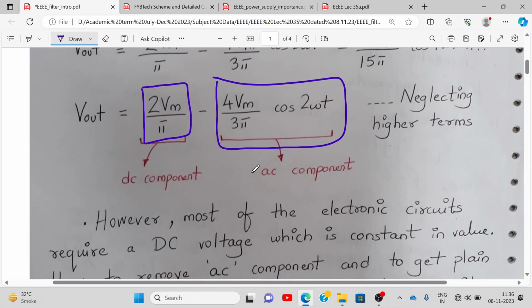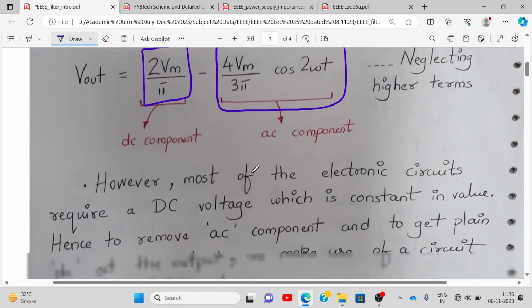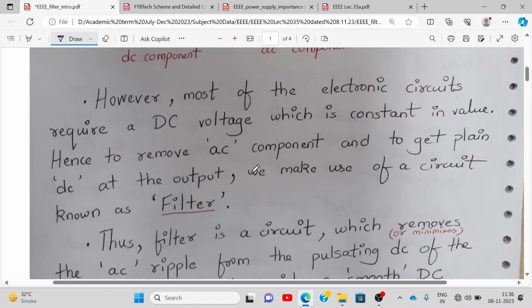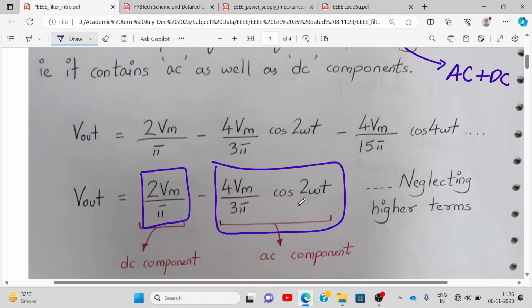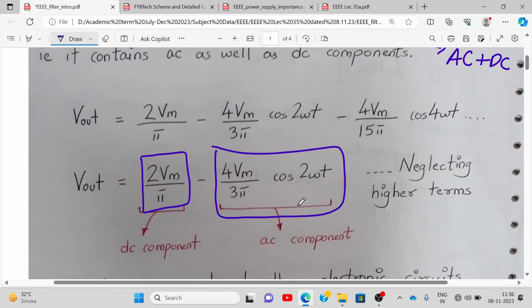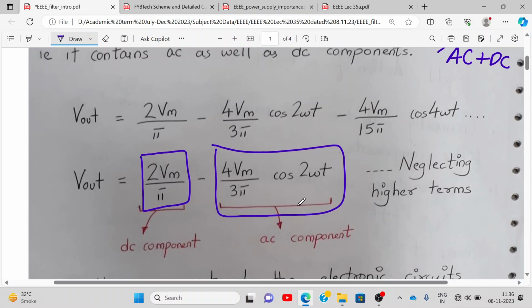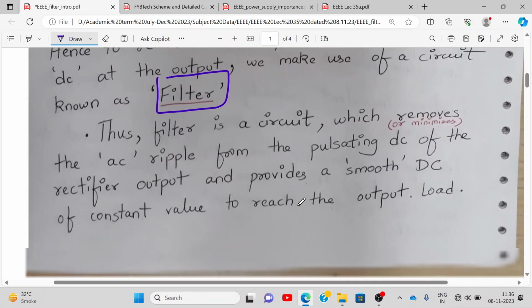Why do we want to reduce it? Because we want DC out of AC. And in order to remove the AC component, we use filter circuits. A filter will remove or reduce the AC component from the AC plus DC signal, which is a pulsating DC signal. So that's the job of a filter, it will smoothen out the DC.